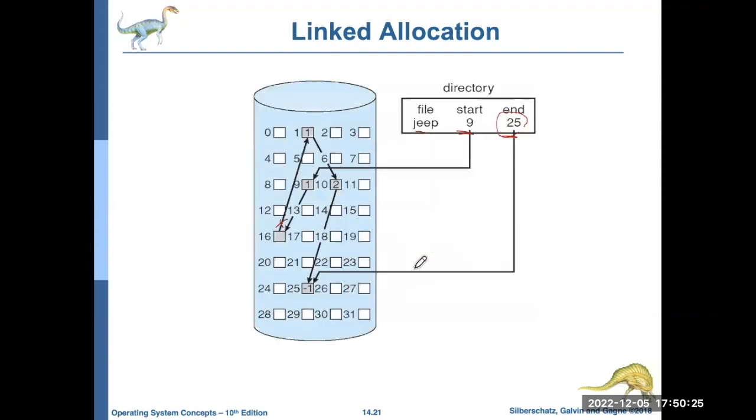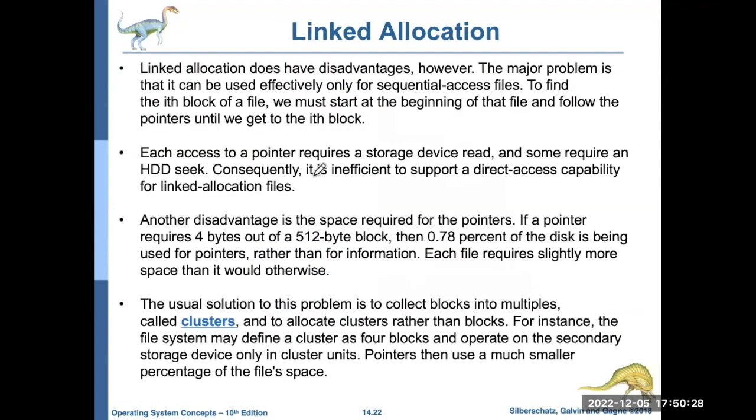And that is where the problem starts. If each pointer requires 4 bytes, then 0.78% of the disk is just used by pointers rather than information. So each file will require slightly more space than it would otherwise.